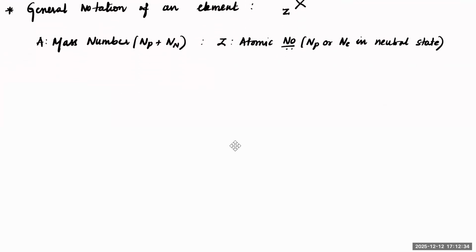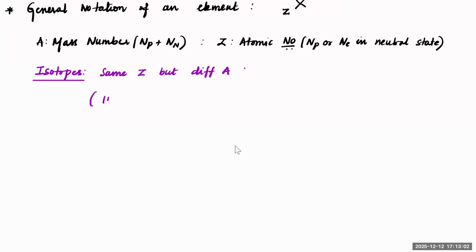So we come across these definitions or terms which we use very often. One is isotopes. Isotopes means we should have the same atomic number Z but different mass number A. And that's what we see in these examples.